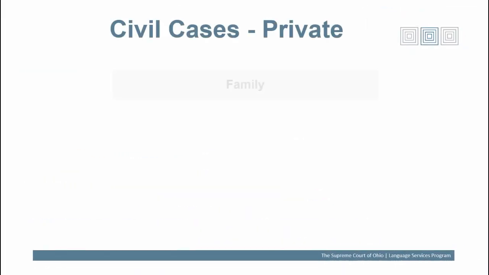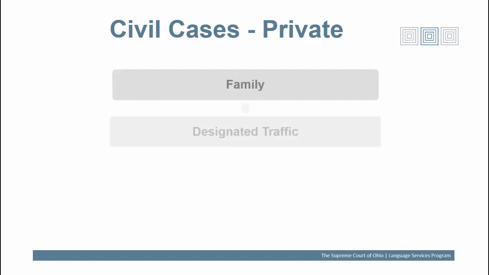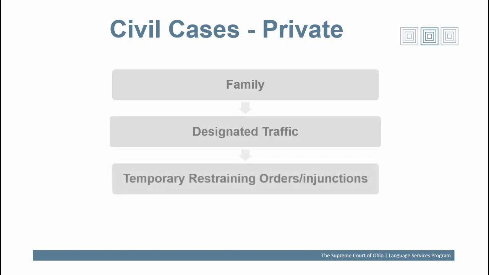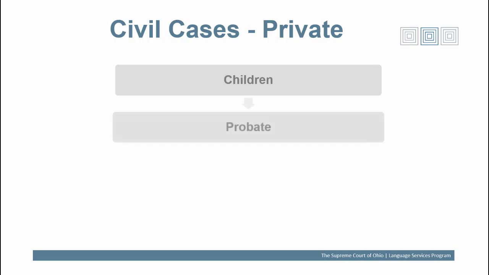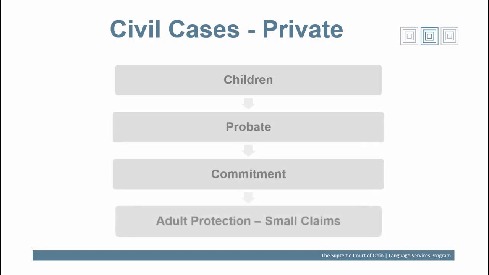Types of private cases usually involve situations regarding family, traffic, temporary restraining orders or injunctions, and juvenile matters. They will also involve matters dealing with children, probate, commitment, adult protection, and small claims.